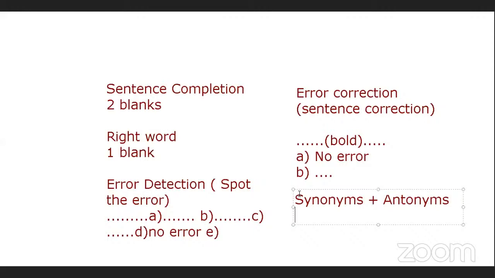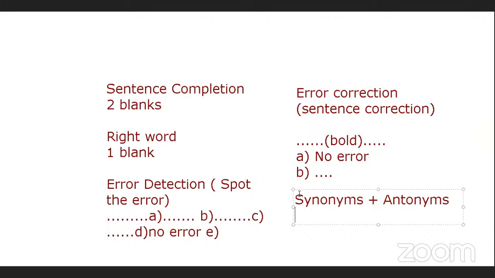Among the four options given, you're supposed to choose the most appropriate synonym for that word. Or you're supposed to choose the most relevant antonym of that word, the opposite of that word.